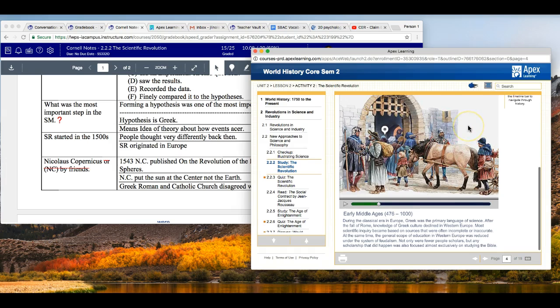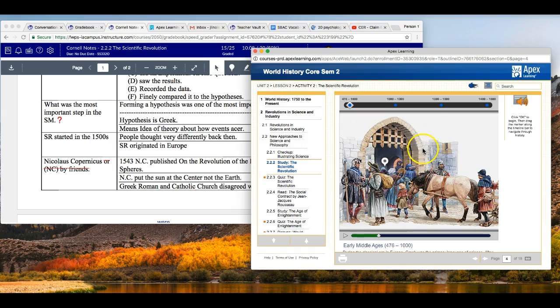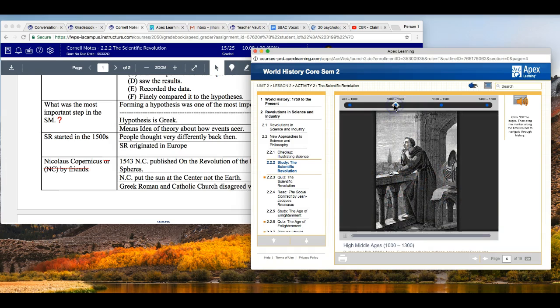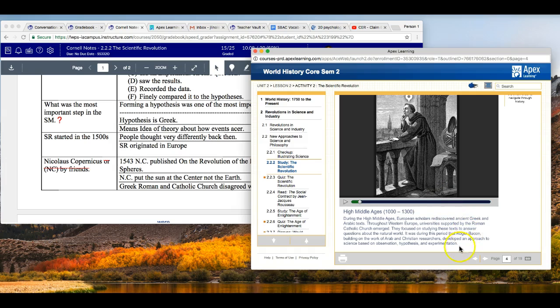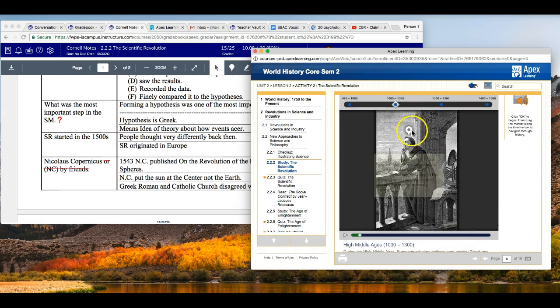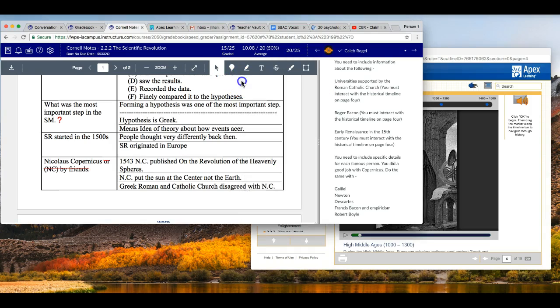You can see that the text doesn't cover the picture, but if you hover over it, it gives you some more information. And if we go to this date, it's always going to read this caption for you, and then you can hover over this part and it tells you more about Roger Bacon, okay?